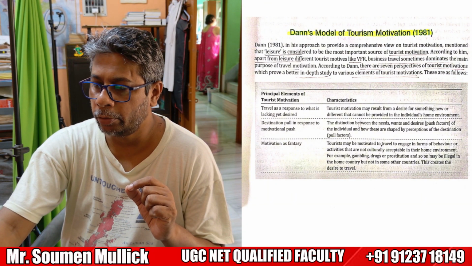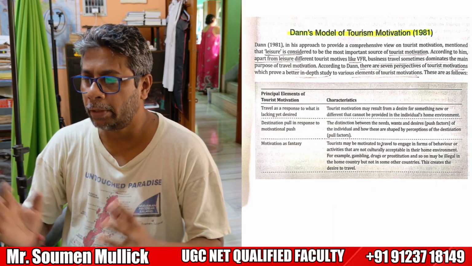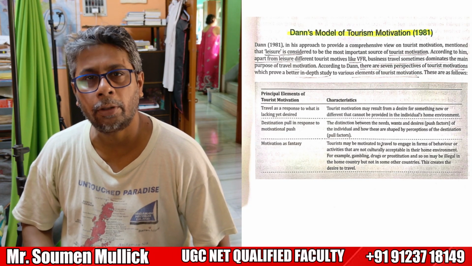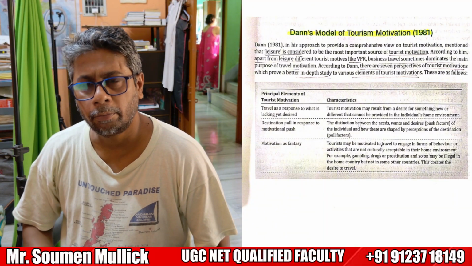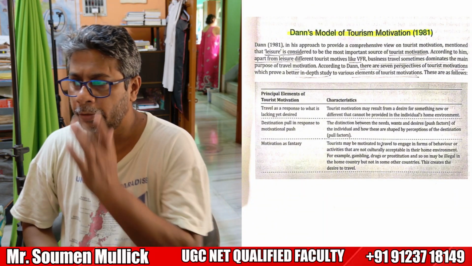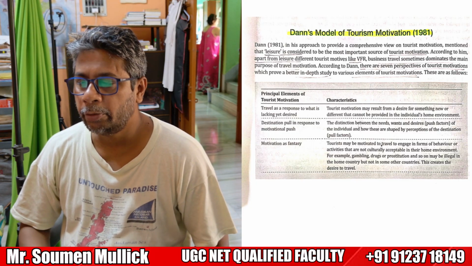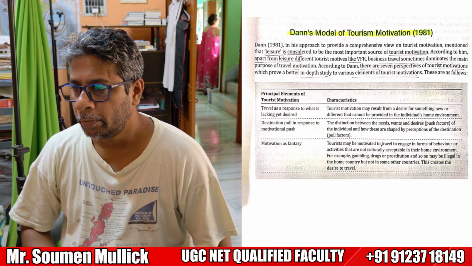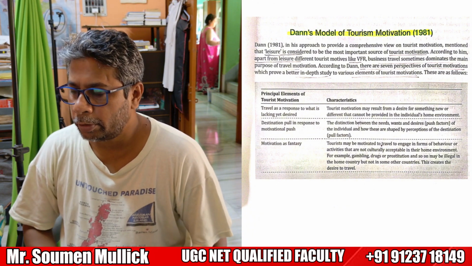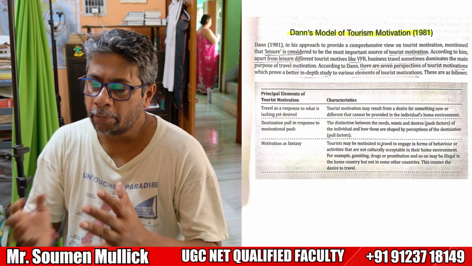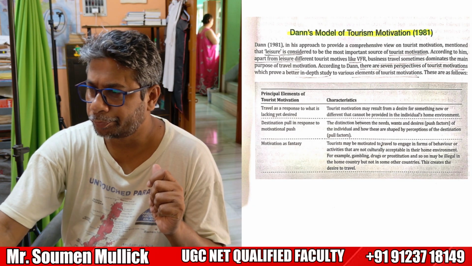The important tourist motivation. There are so many tourist motivation models we have already discussed in my previous videos. Today, I want to emphasize, for our UGC NET and JRF students, the Dunn model of tourist motivation.